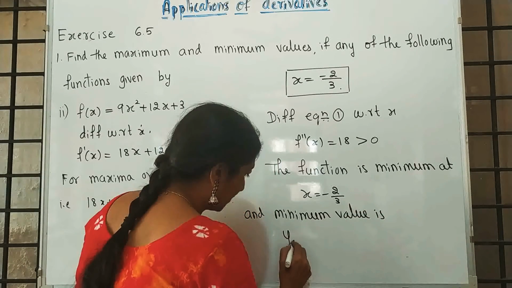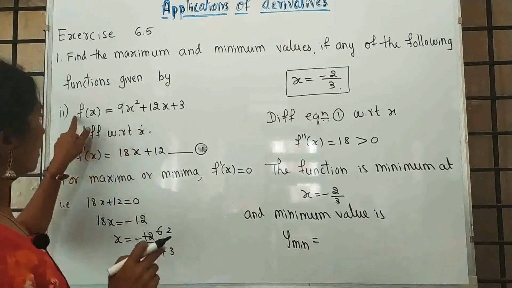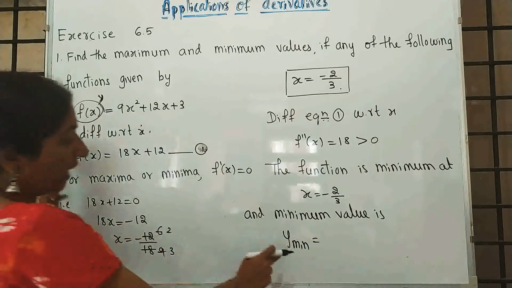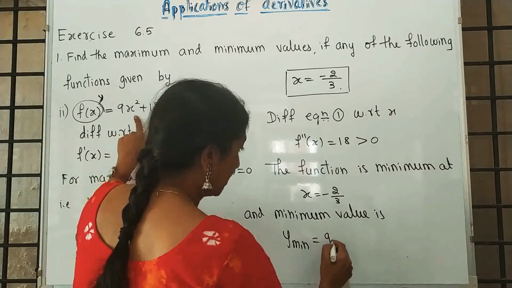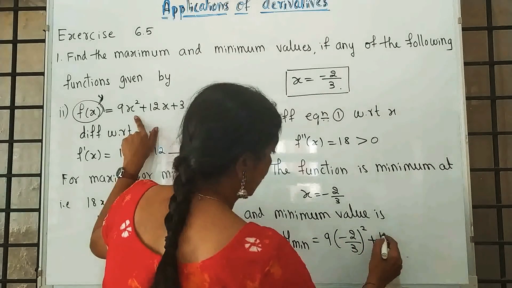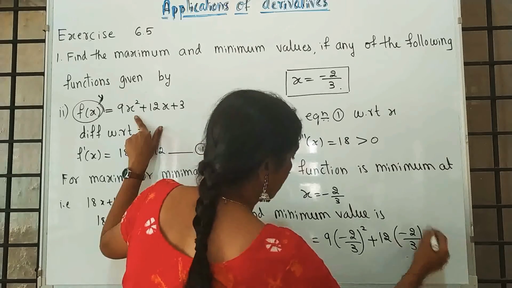y minimum. You can write like this. I will show all the methods of how to represent. Instead of f of x, you can write this as y. And y minimum means 9 into minus 2 by 3 whole square plus 12 into minus 2 by 3 plus 3.